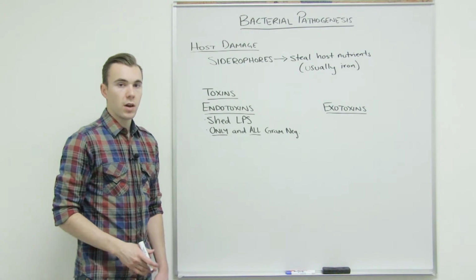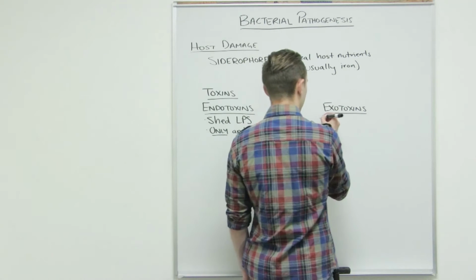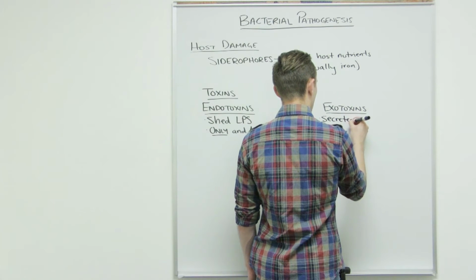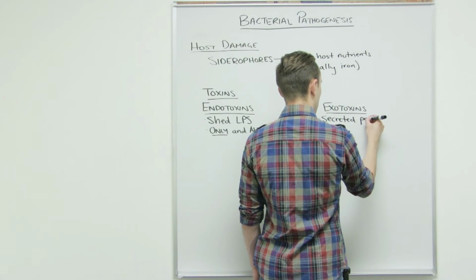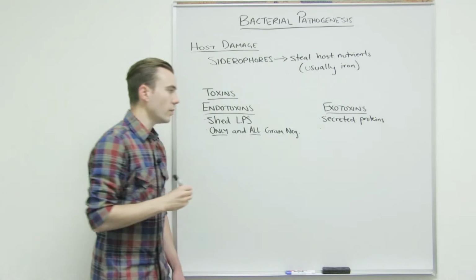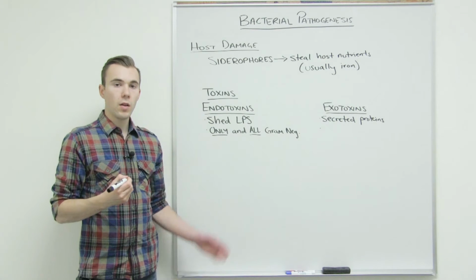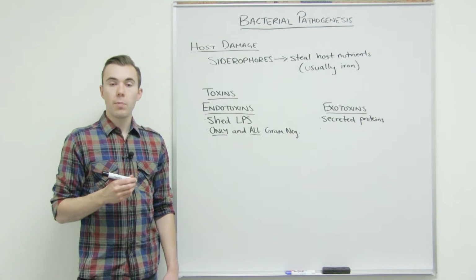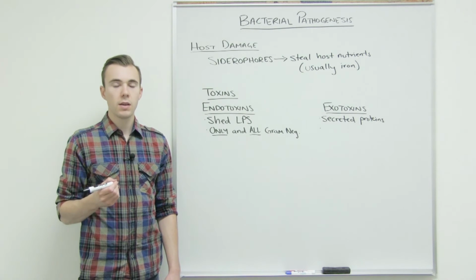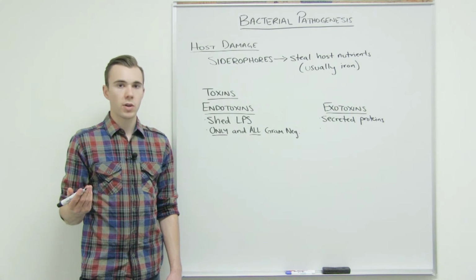Exotoxins, on the other hand, are not all the same. So we are going to call them secreted proteins. However, unlike endotoxins, both gram-positive and gram-negative have the capability to make exotoxins. Not all bacteria make exotoxins though.